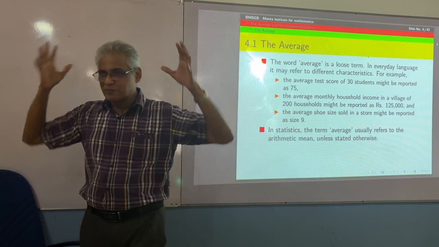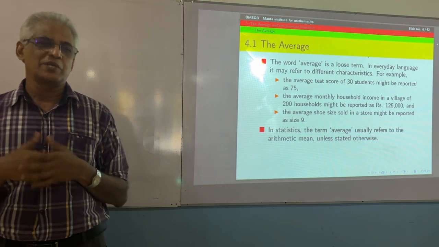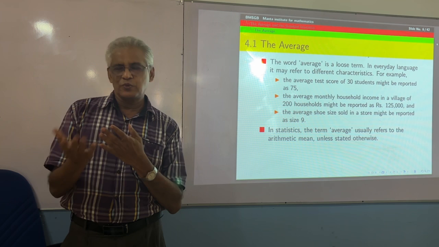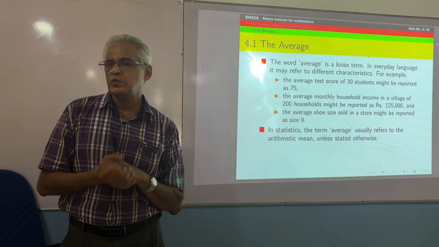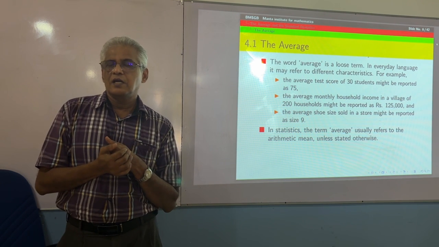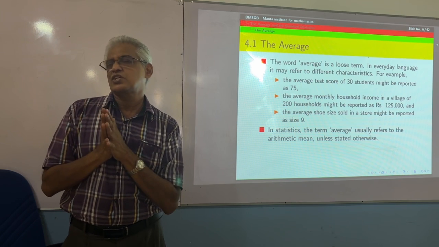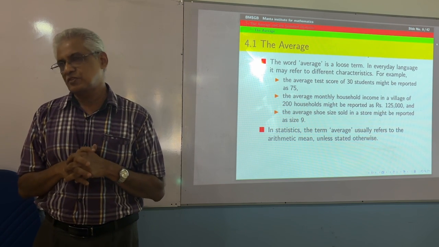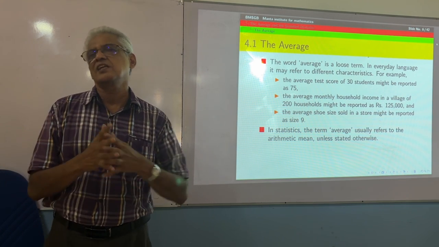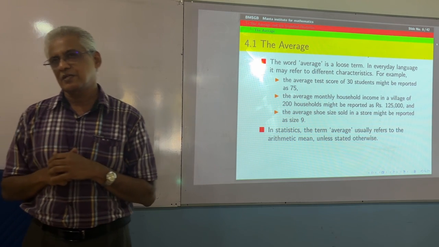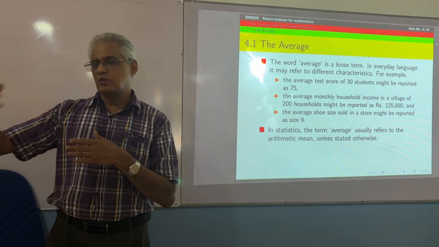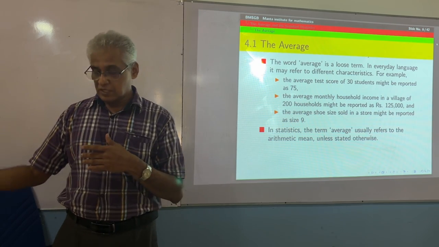That's giving you a completely wrong idea about the actual picture. So usually people don't use the arithmetic mean to talk about the average or the center in that kind of situation, because it distorts the real picture. When do you have that kind of situation?